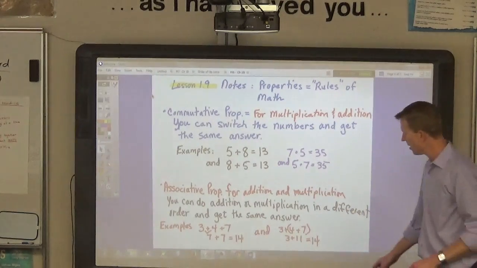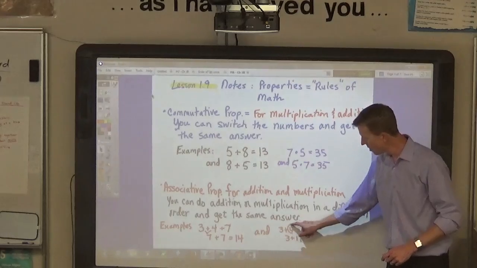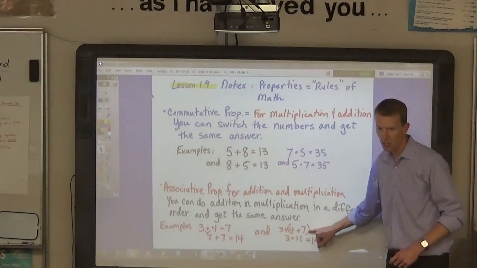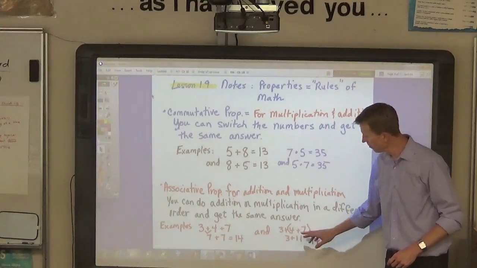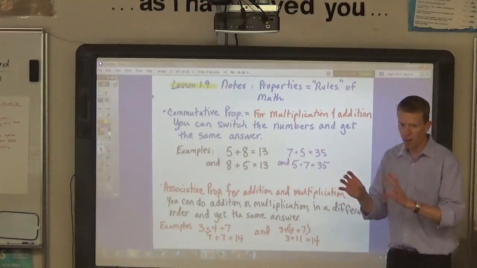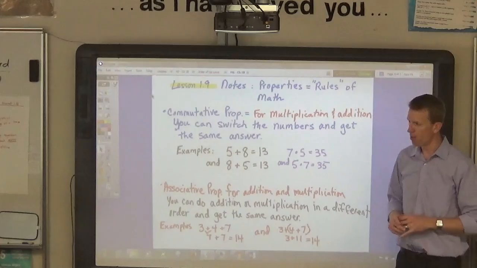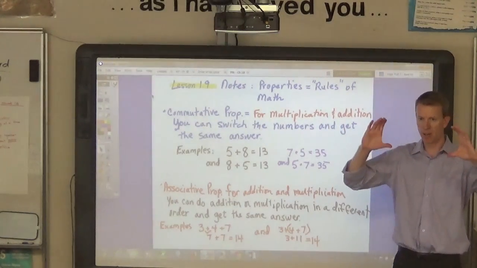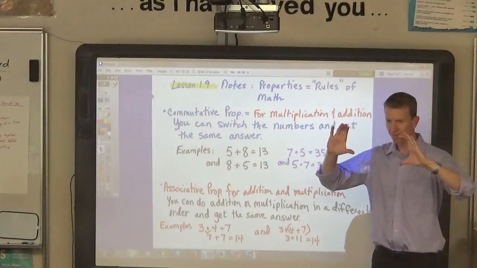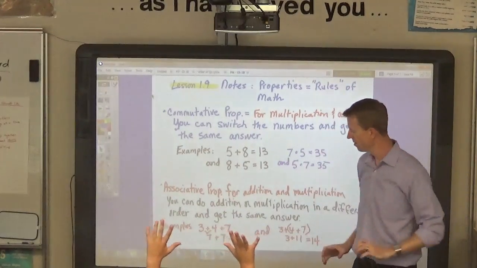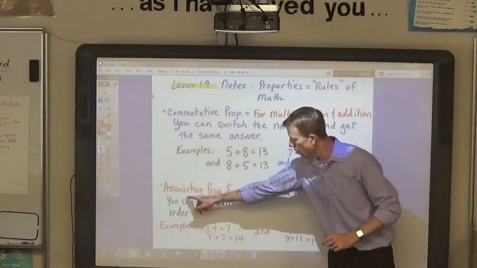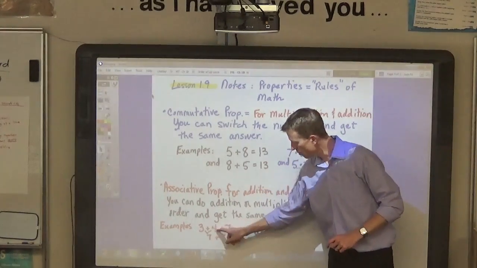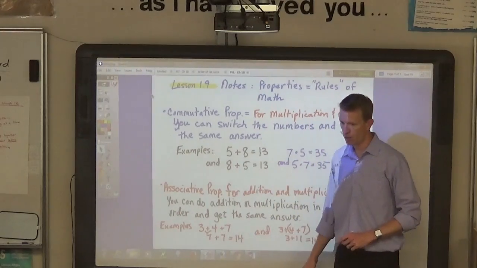Okay? The rule says that as long as the operation is all addition or all multiplication, we can switch the order in which we do that operation. Okay? So, mirror. These are parentheses. Now, in associative property, you'll always have more than 2 terms, more than 2 numbers that you're working with.